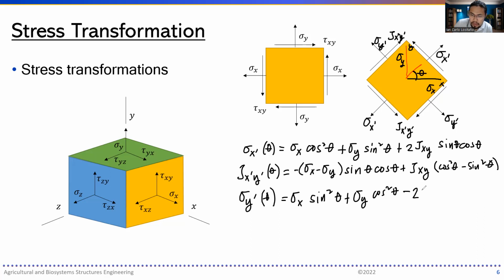So it's going to be a minus. We're talking of the original stress here and the new one. Sorry, this is going to be theta.